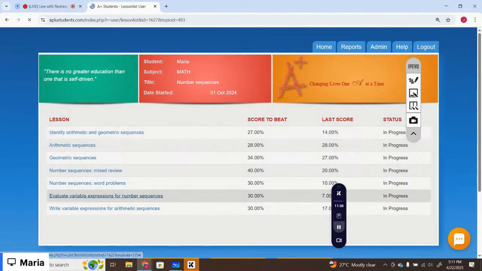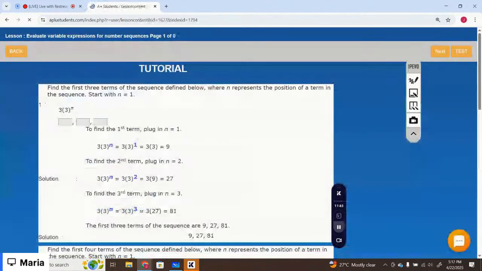Evaluate variable expressions for number sequences. Find the first three terms in the sequence defined below, where n represents the position of a term in the sequence.